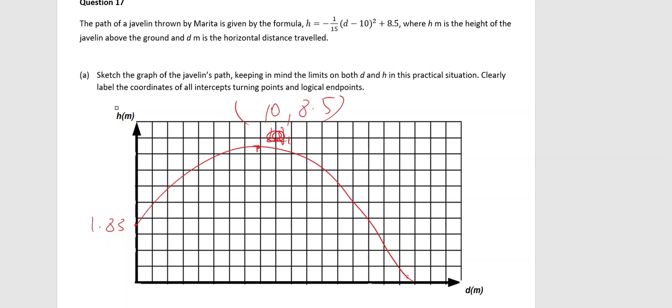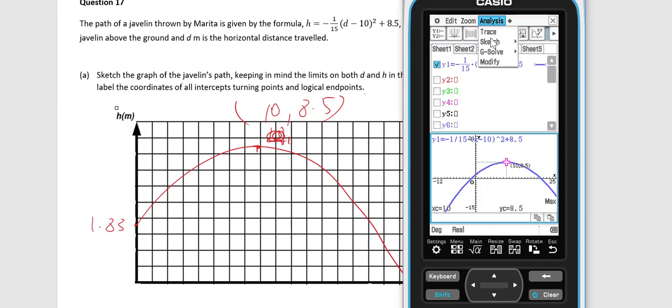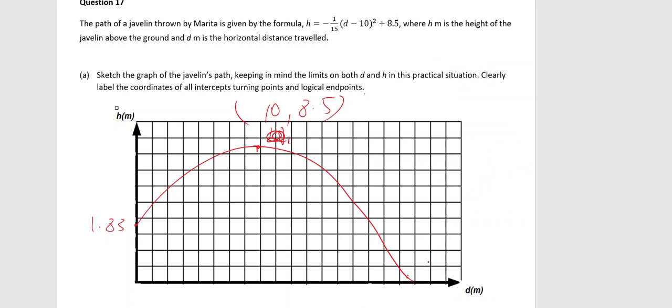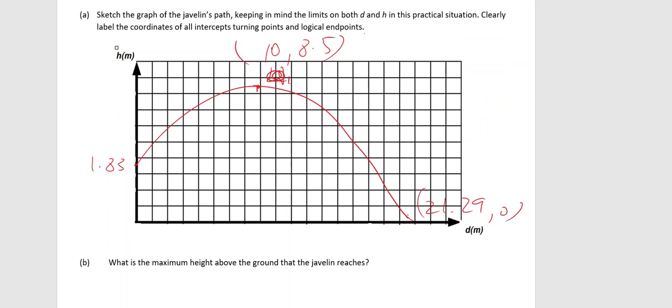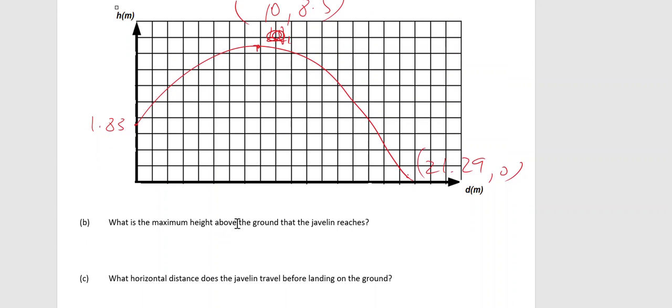And for my x-intercept, analysis, G-solve, root. I don't want the first one because that's in the negative region, so 21.29 and 0. So that's 21.29, 0.